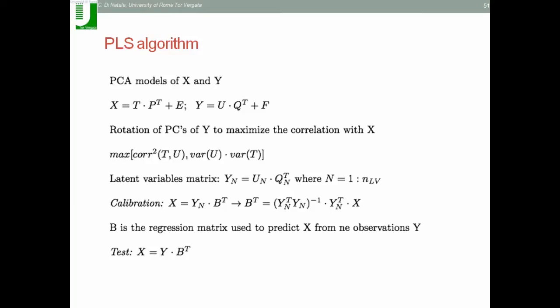This is the term. They are no more principal components, but become latent variables. And again, we can decide how many latent variables we need to use in our system. And then this can be done stopping the representation at a number of latent variables, evaluating the regression matrix according to the multiple linear regression, and then predicting our data.